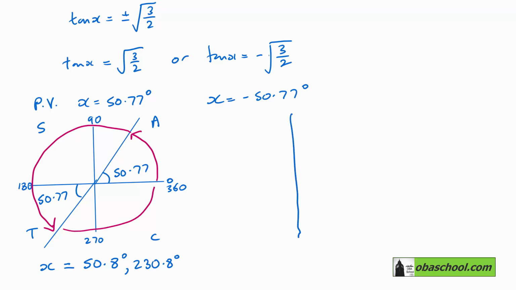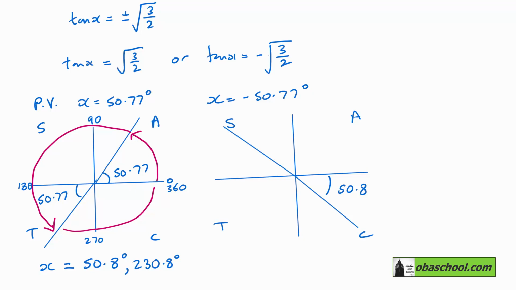So let's have a second diagram. And the principal value here was a negative 50.8, so down there. Since that's negative, the other place we have negative is up here. And the reference angle would be this one, 50.8.